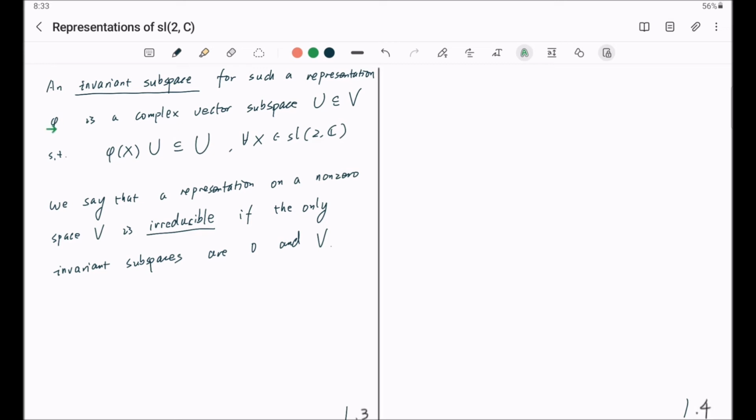Now, given two representations, can we define their equivalence? And here we go.